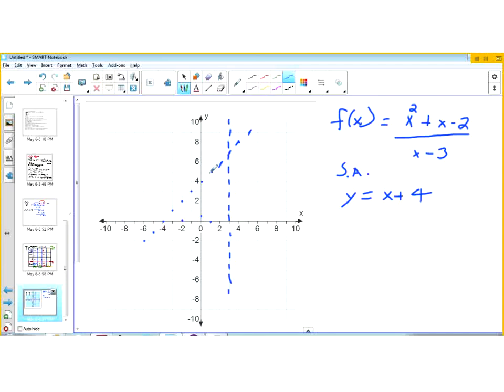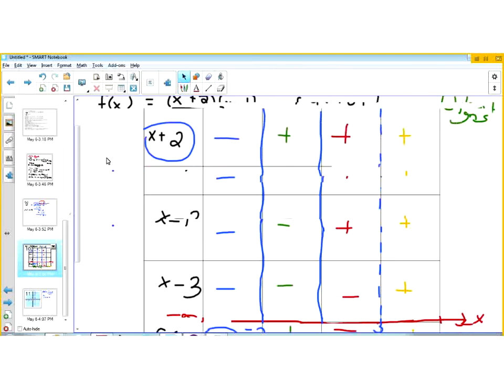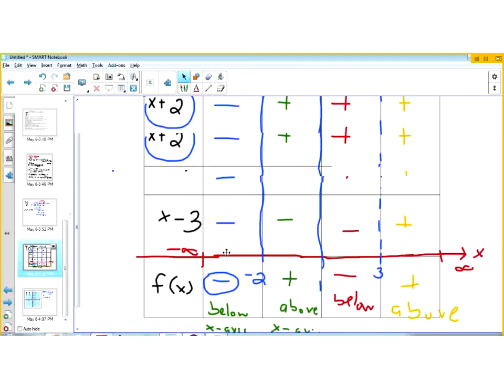Okay, so here's our slant asymptote right there. All right, here we have it.